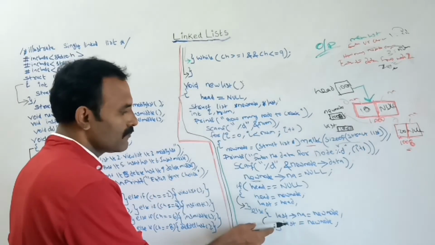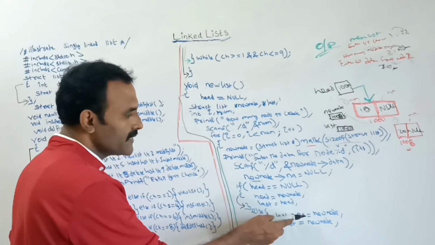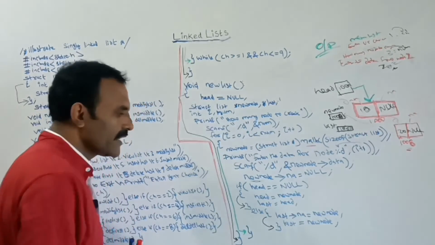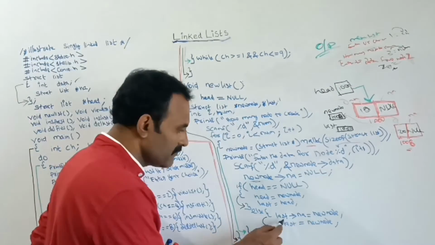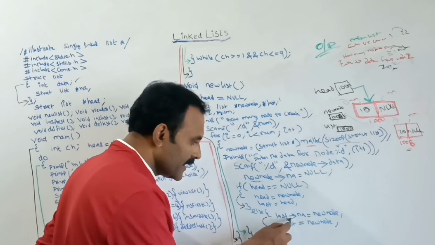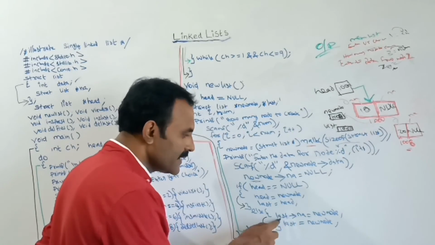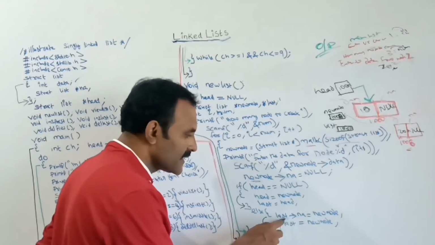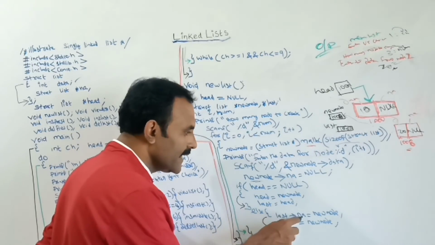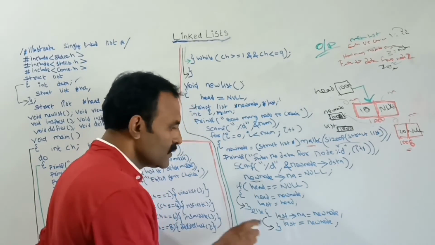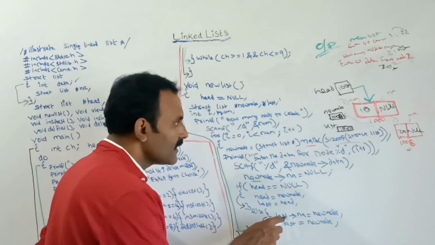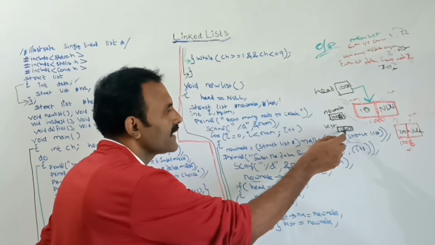In the else part I am telling last of NA is equal to new node. See, already I have told you, each and every time when you refer to that pointer name, you should remember that address only. So inside this last, what is that address? To that address's NA I am assigning the new node address. Last currently has 1000.